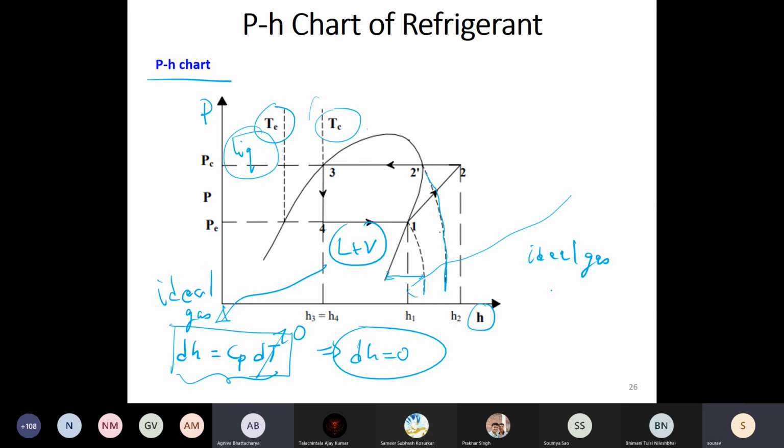So you must question when you see these property lines: what is happening? Why is this happening? So over here and over here, the expressions that you have learned in your second year thermodynamics need to be valid. And hence the property lines also show the validity of those expressions.